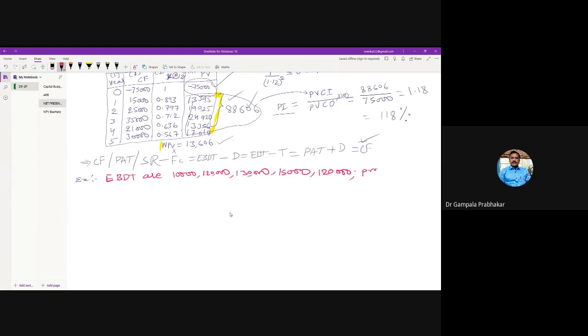The project consists of 5 years with cost of capital 10 percentage.